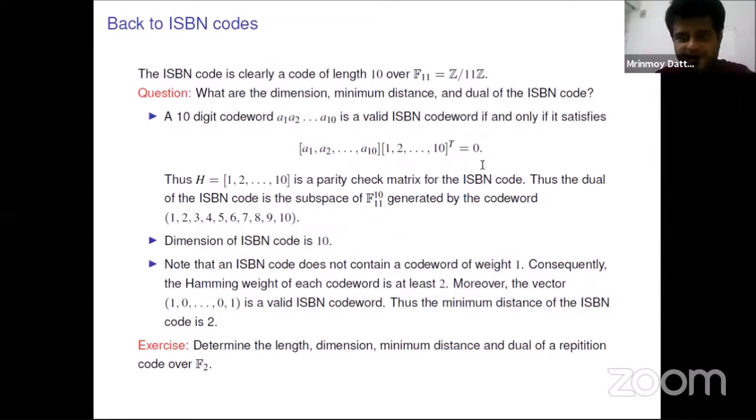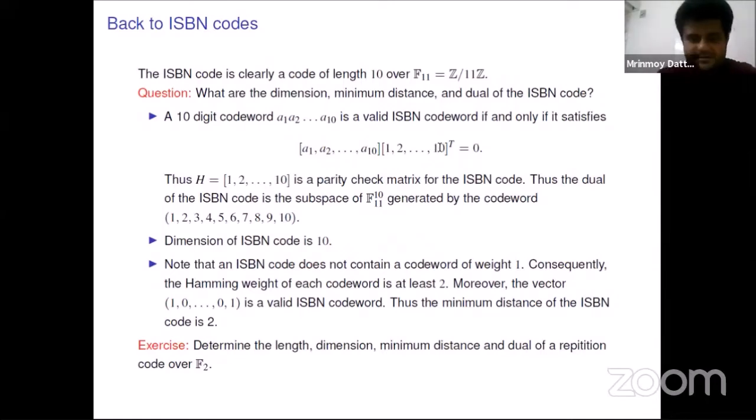And one can produce a code word of weight 2. So for example, if you take the code word 1, 0, ..., 0, 1, how would it stand? 1 times 1, in the middle all the products are going to be 0 because all the terms are 0, and then at the end you have 1 which you multiply by 10.